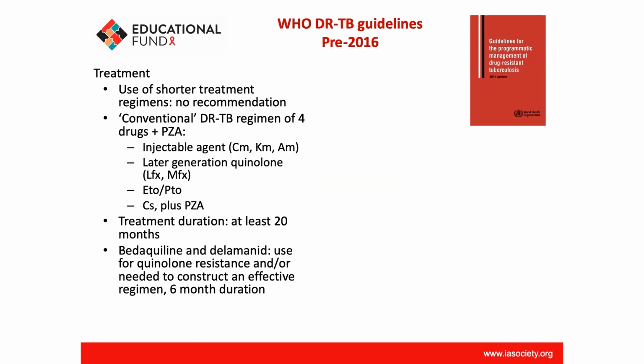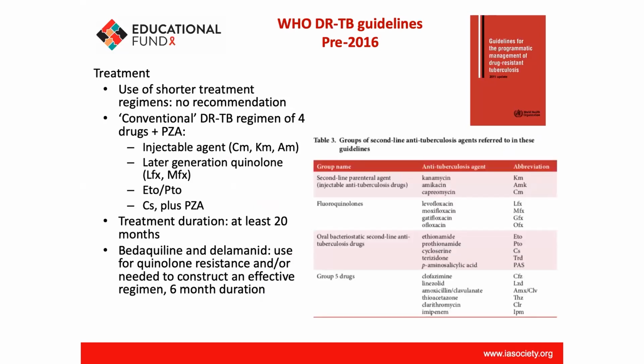Before that time, there was no recommendation for treatment shortening, and the regimen in use, you may have heard, was called the conventional regimen, and it was built on the basis of using an injectable agent, a quinolone, ethionamide or prothionamide, cycloserine, and pyrazinamide.